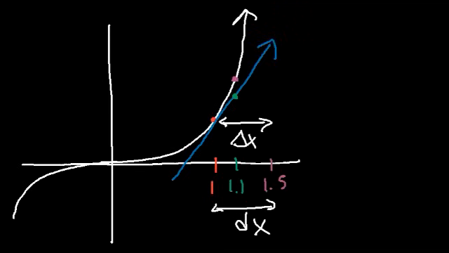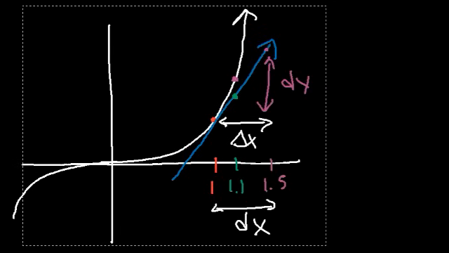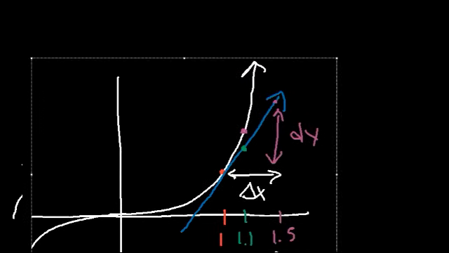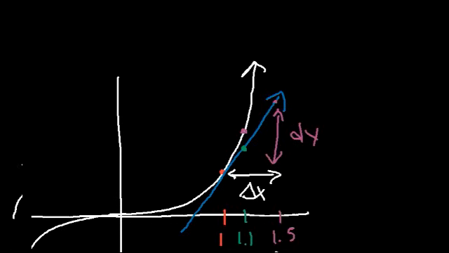So this time dy is going to be significantly larger, as we can see. But so is delta y. Now let's see if I can expand the graph. So let's continue this function. Let's say it continues to increase.